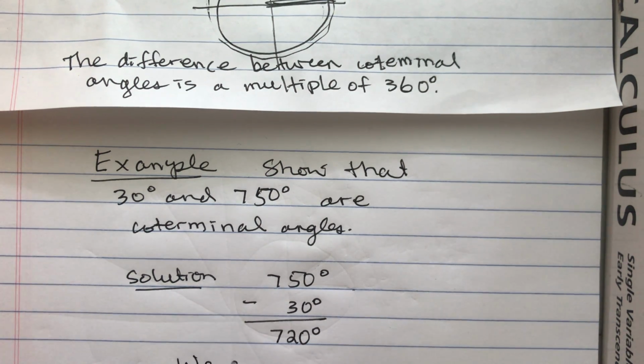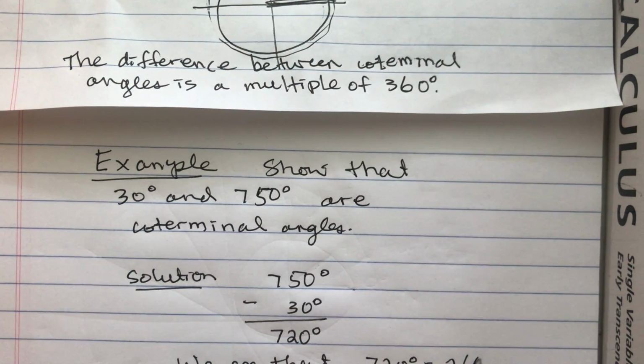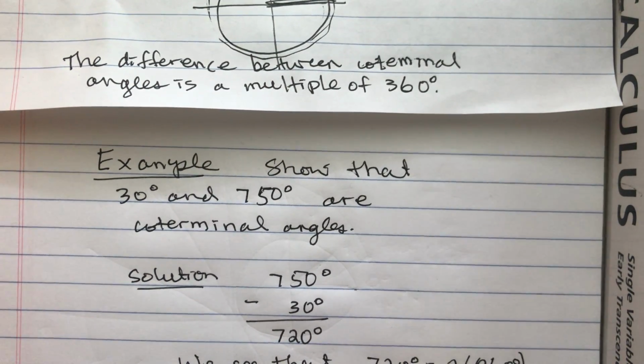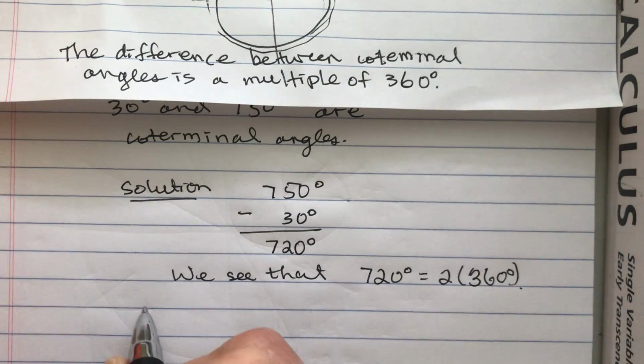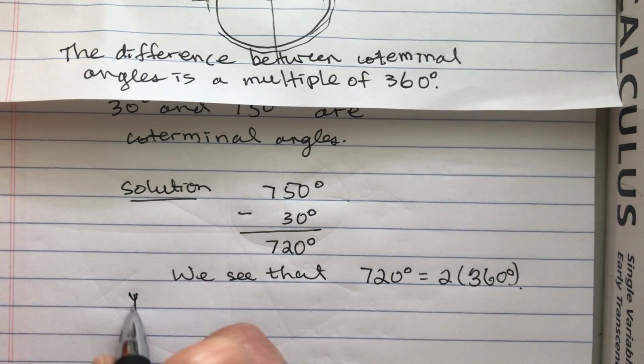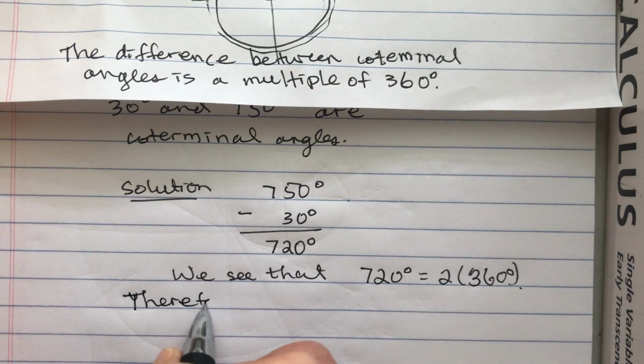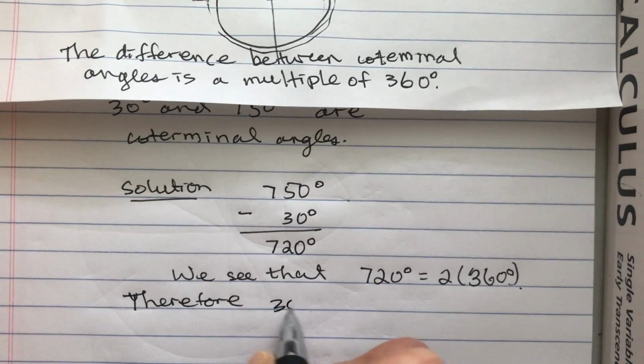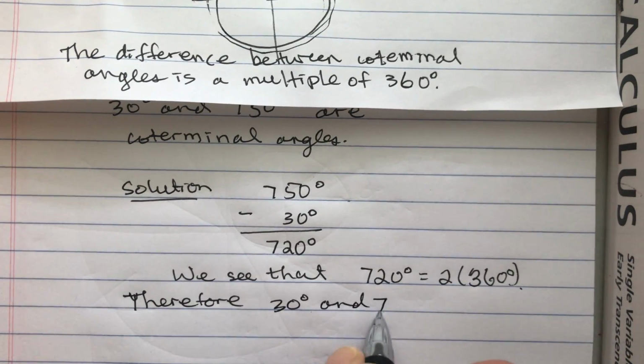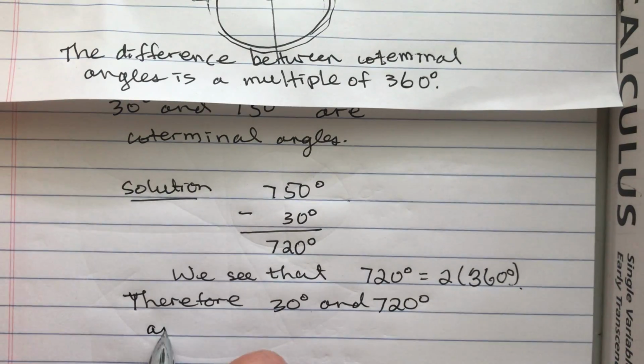We see that 720 degrees is equal to 2 times 360 degrees. So therefore 30 degrees and 750 degrees are coterminal.